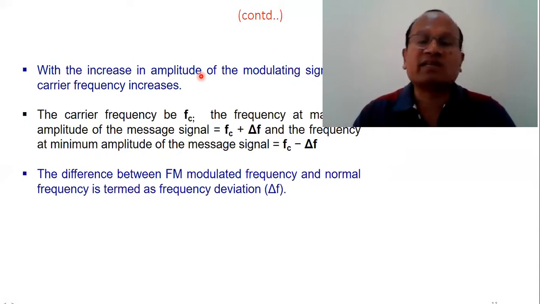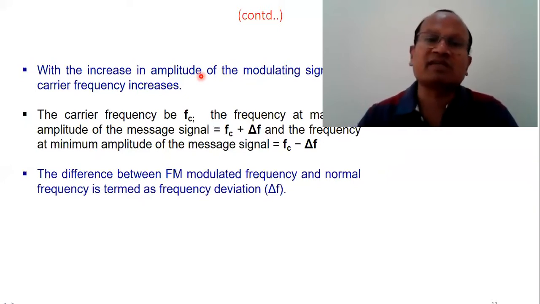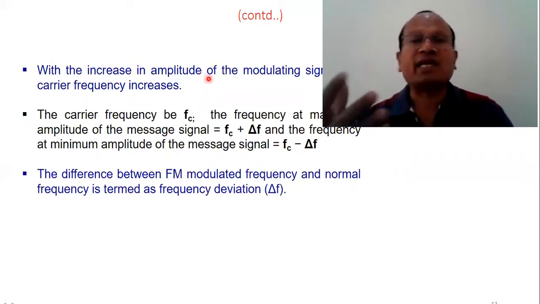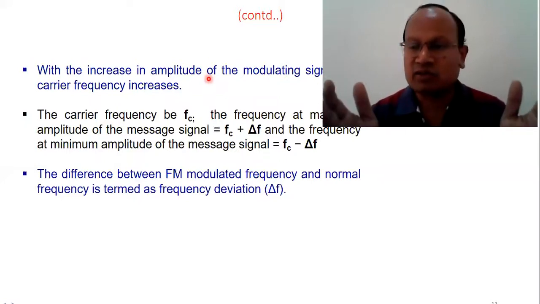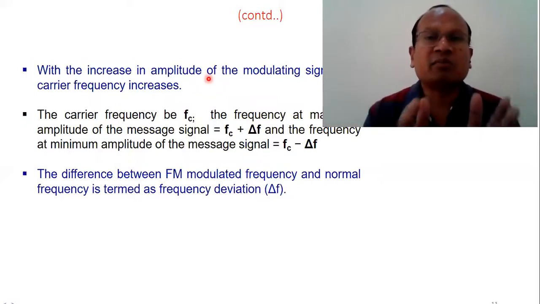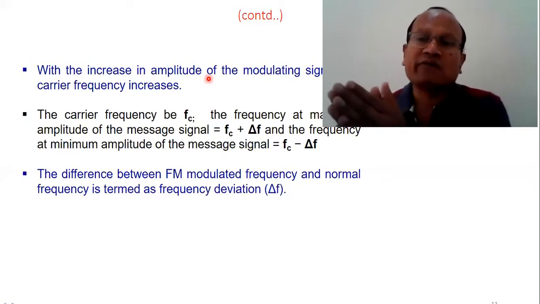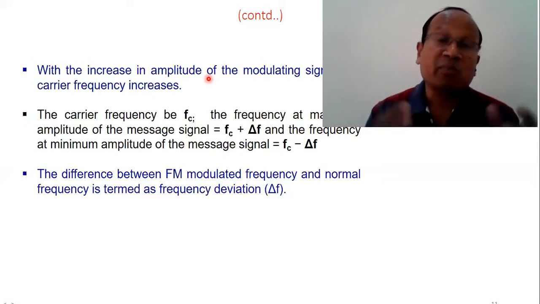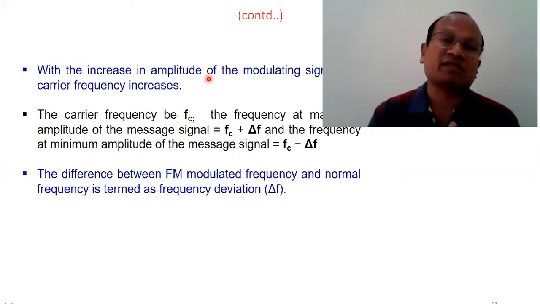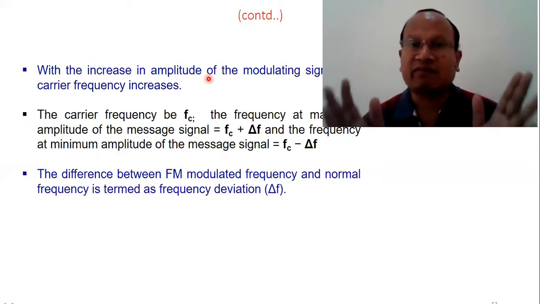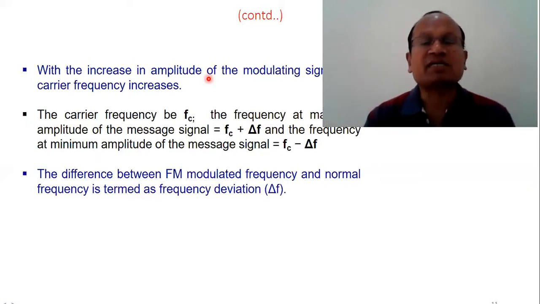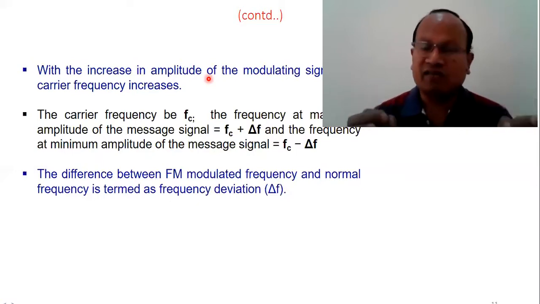So the carrier frequency, say it's FC, and suppose the maximum deviation is del F. So your carrier frequency may have a range of values beginning from FC minus del F to FC plus del F. The minimum possible value of carrier frequency will be FC minus del F. The maximum possible value will be FC plus del F, where del F is the maximum frequency deviation.